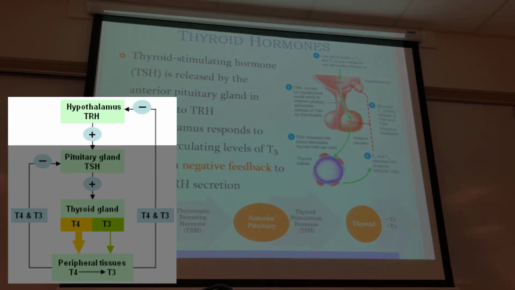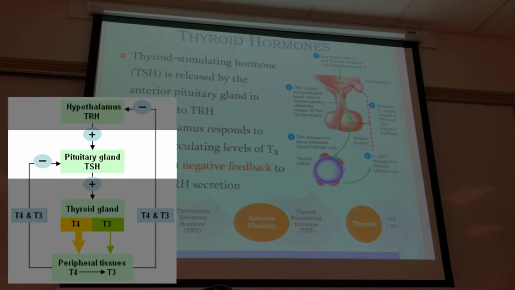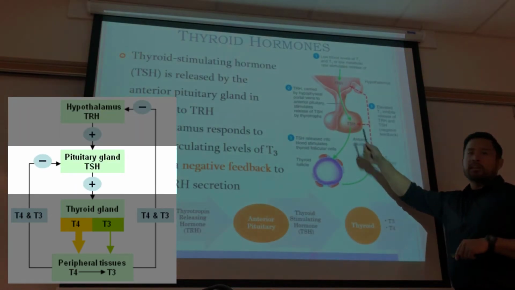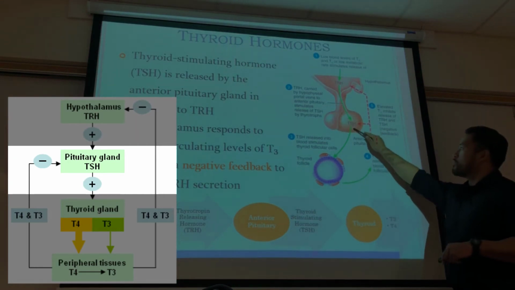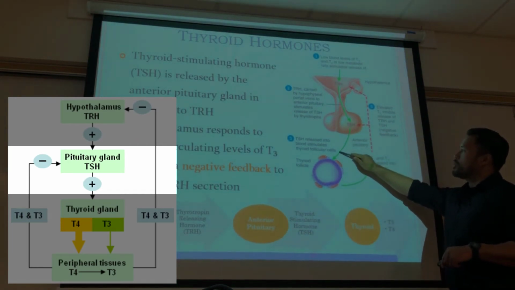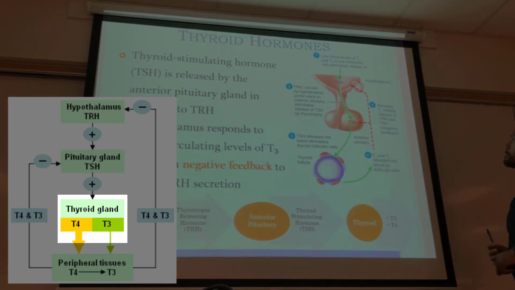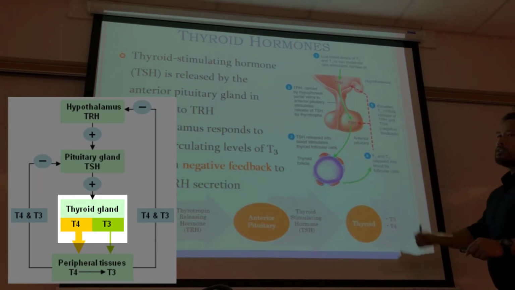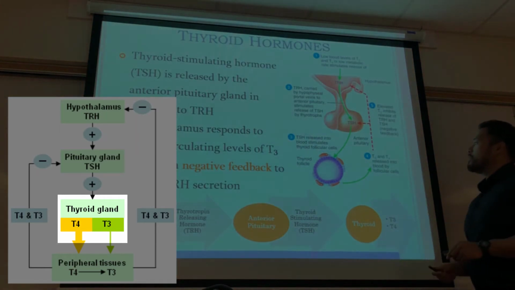So here, this is going to describe everything that I've already described, in which our thyrotropin-releasing hormone is produced by the hypothalamus. TRH makes its way down the portal vein into the thyrotropes in the anterior pituitary, which produce TSH. TSH is secreted out into the circulatory system, which makes its way over to the follicular cells. The TSH then stimulates the follicular cells to start producing T3 and T4.